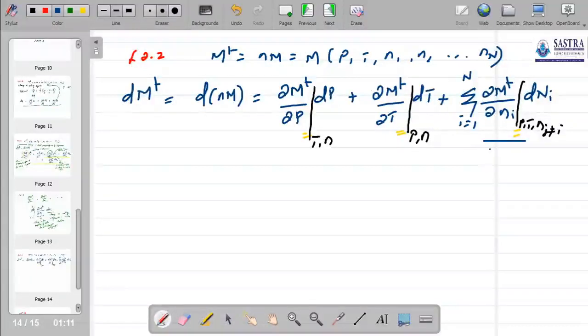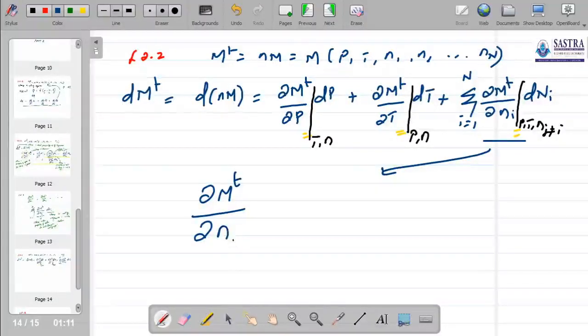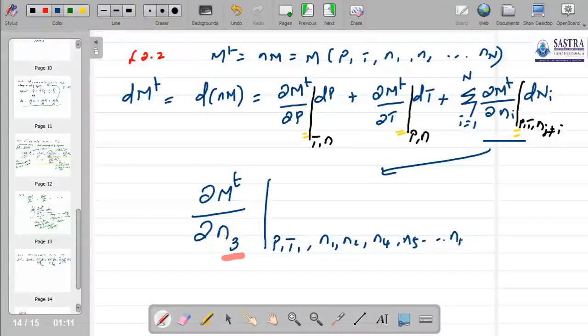Suppose I write the derivative of M with respect to, say, the third component: pressure is fixed, temperature is fixed, and every other component other than the third component should be fixed. That means n1, n2, then n4, n5 till nn.